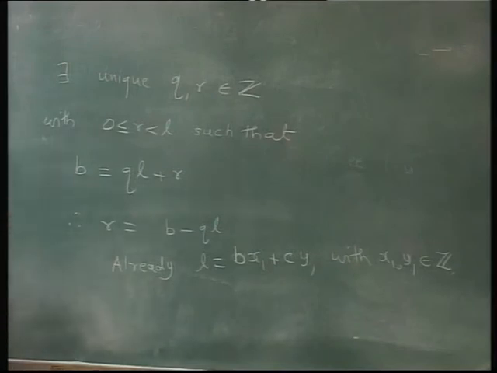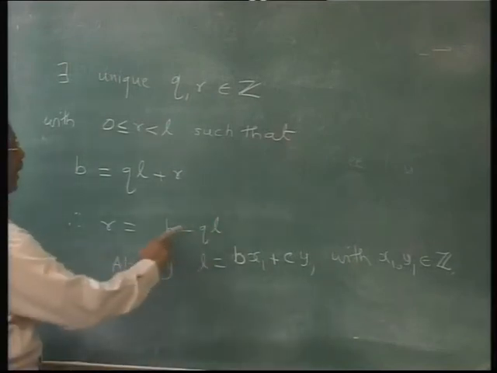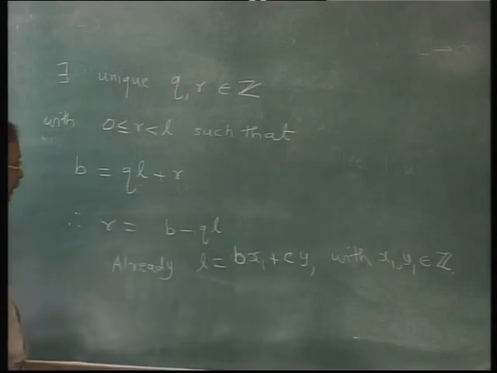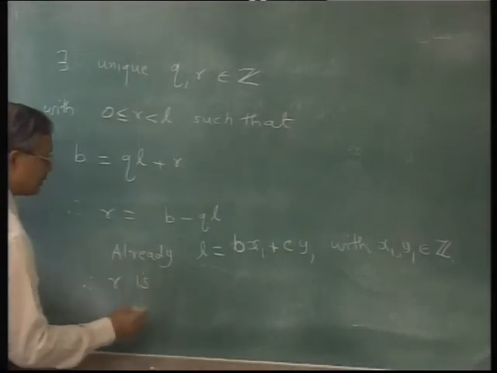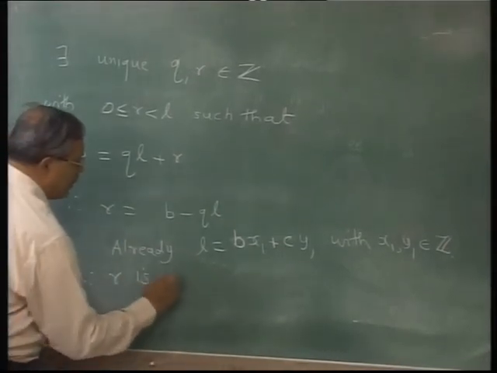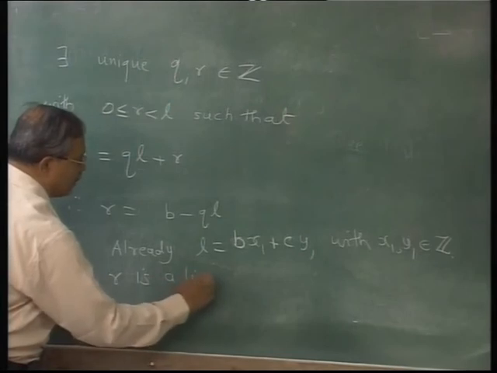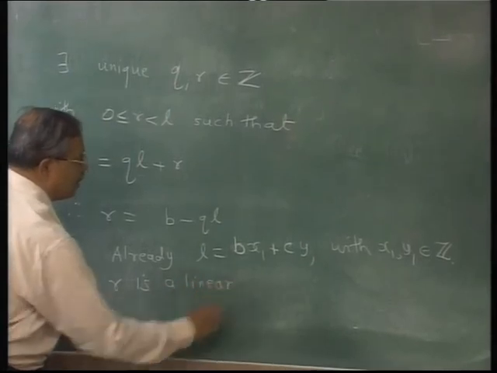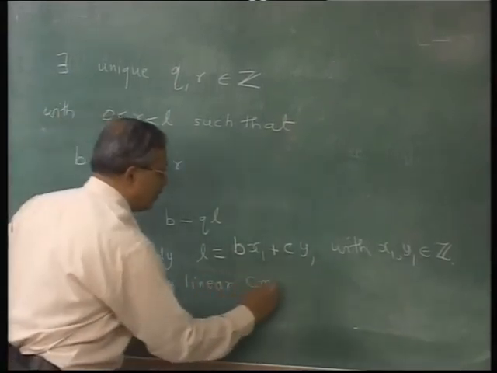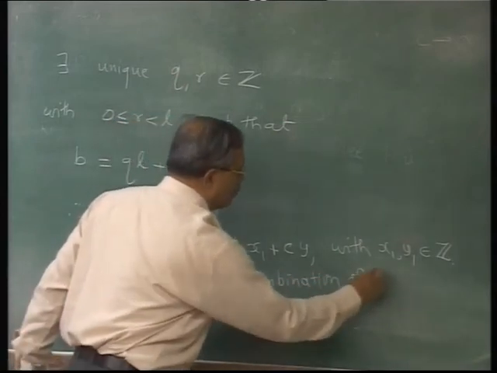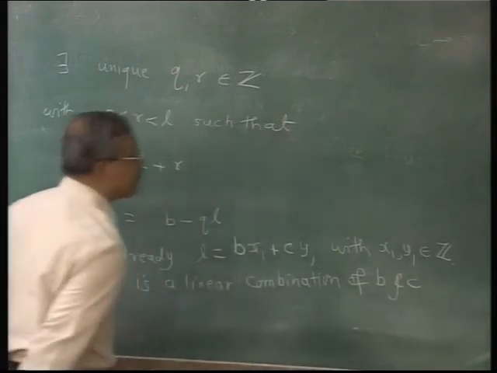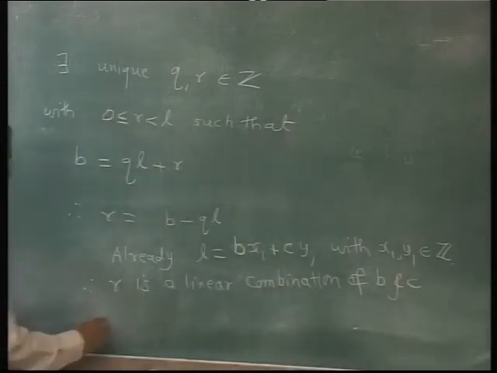Substitute it over here and you can do some adjustment, and we see that R itself is a linear combination of B and C with integer coefficients.